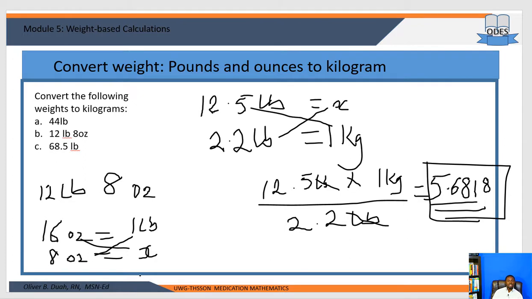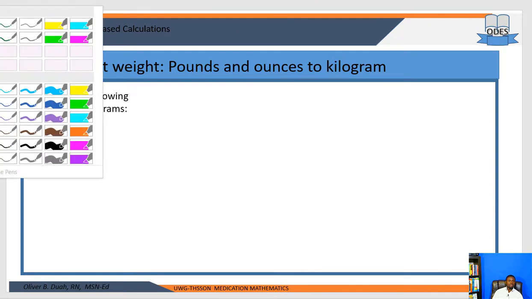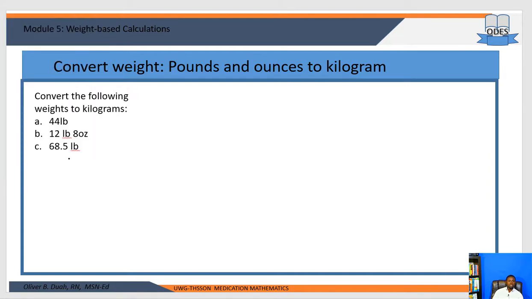All right, now let's do C. So for C, we have 68.5 pounds. So we know that in each 2.2 pounds, we get 1 kilogram.